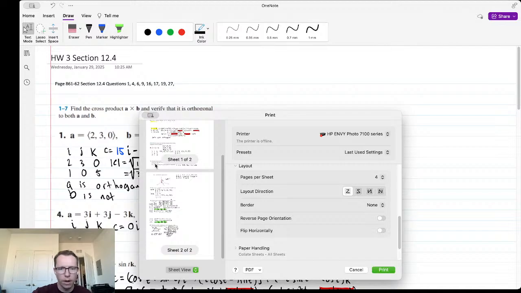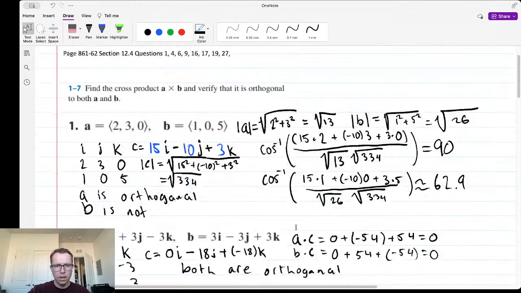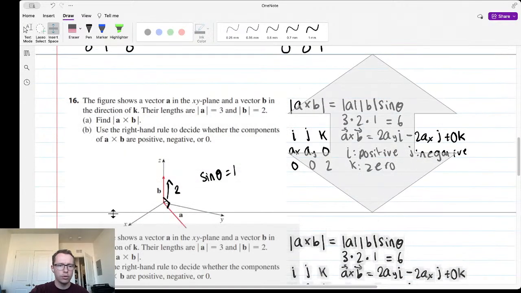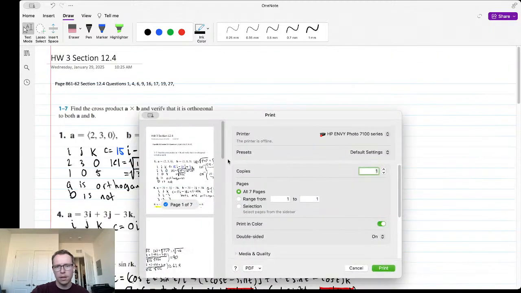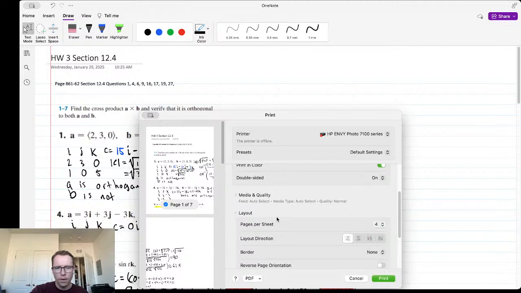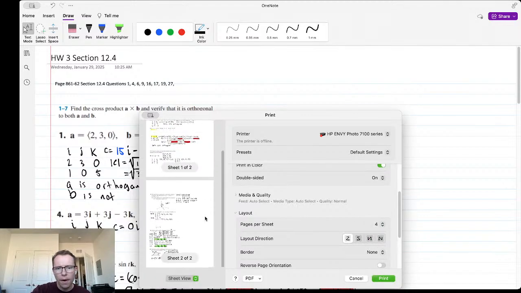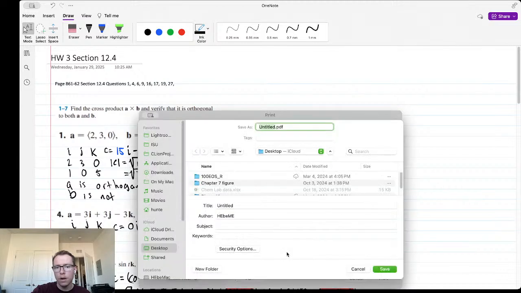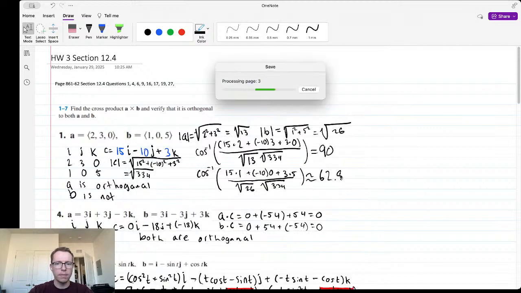And then I think if I go here to 16, yeah, and add some extra space. Homework 3, section 12.4. And then save that to my desktop.